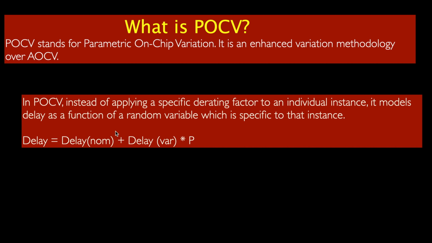So let's take a look at the equation over here. Here cell delay is represented as the addition of the nominal delay and the delay variance times P. Basically here delay variance is the 1 sigma value of the cell's delay distribution, and P represents the standard normal random variable.